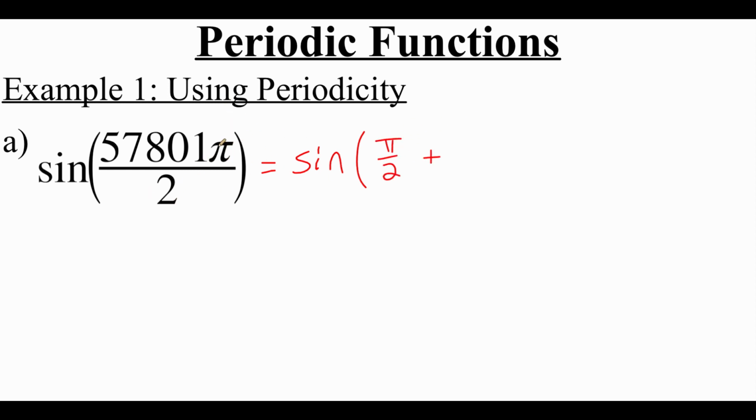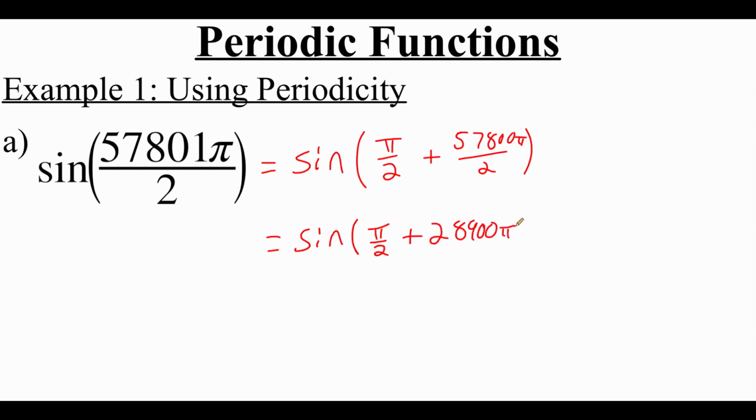If I take one of the pi over 2's away, then my other fraction is going to have 57,800 pi over 2 left over. But that fraction's reducible. That's just going to turn into 28,900 pi.